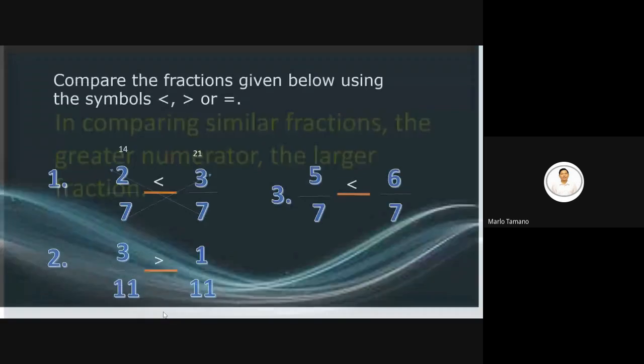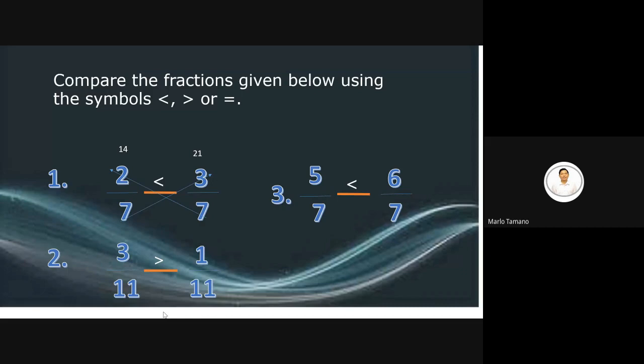For example, compare the fractions given below using the symbols less than, greater than, or equal. Number one, we have 2/7 being compared with 3/7. Similar fractions ang given po sa number one because equal po yung ating denominators.